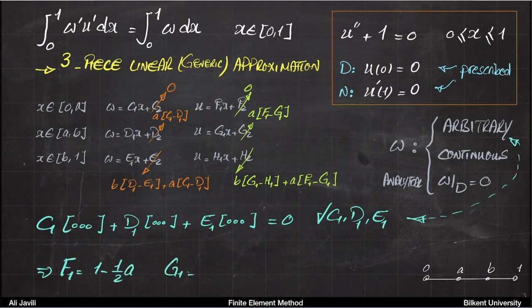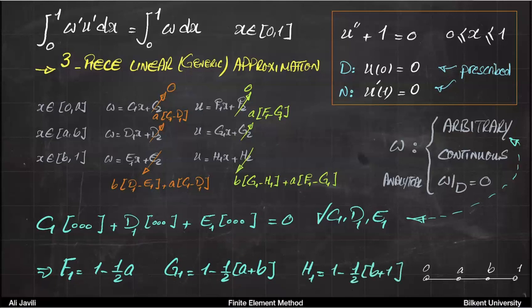G1 is 1 minus 1/2 A plus B. And H1 is 1 minus 1/2 B plus 1. Okay, so this is not too bad because now you have everything you wanted.